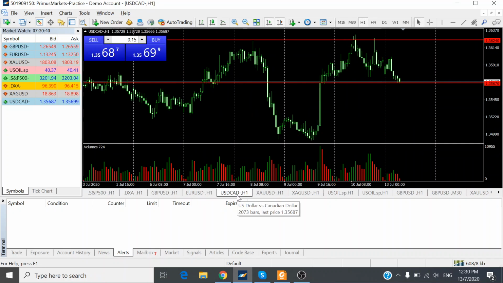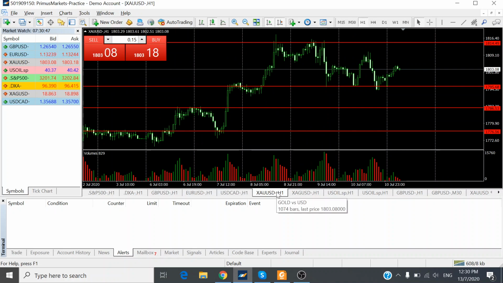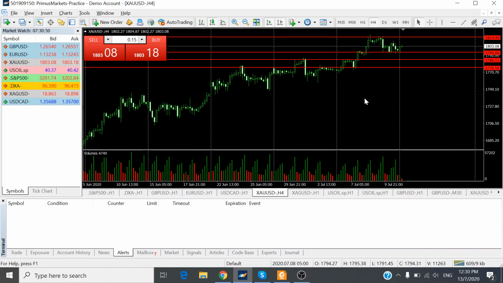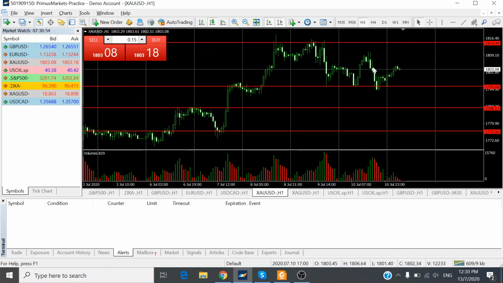So that covers our US dollar index, our UK pound, our euro dollar. An addition is the Canadian dollar due to last Friday's employment change data, and our gold prices, which are still largely bullish and maintaining quite high levels. But I think it's about time that gold prices could have a retracement down, so I'll be watching more for a sell opportunity along the way.